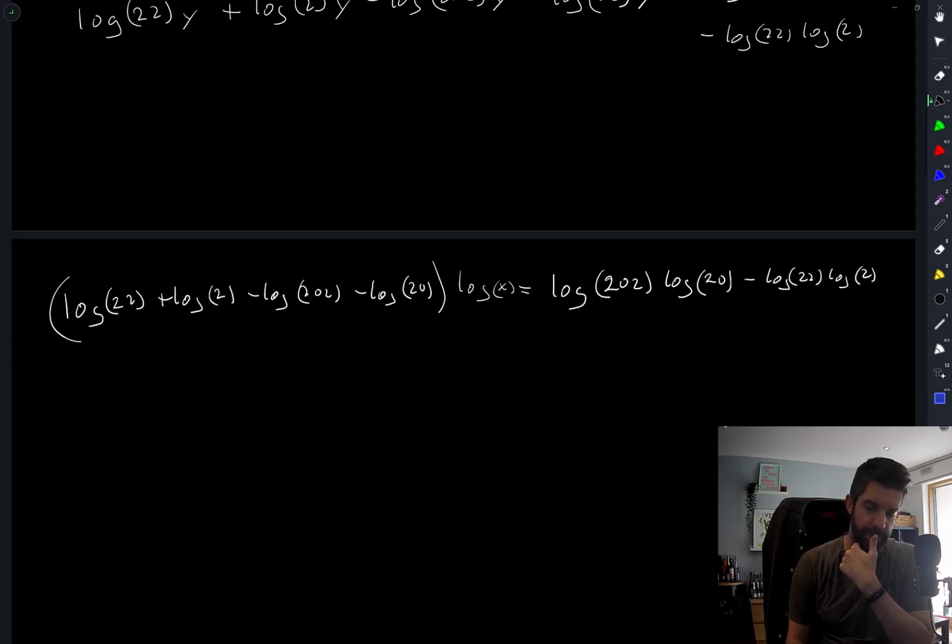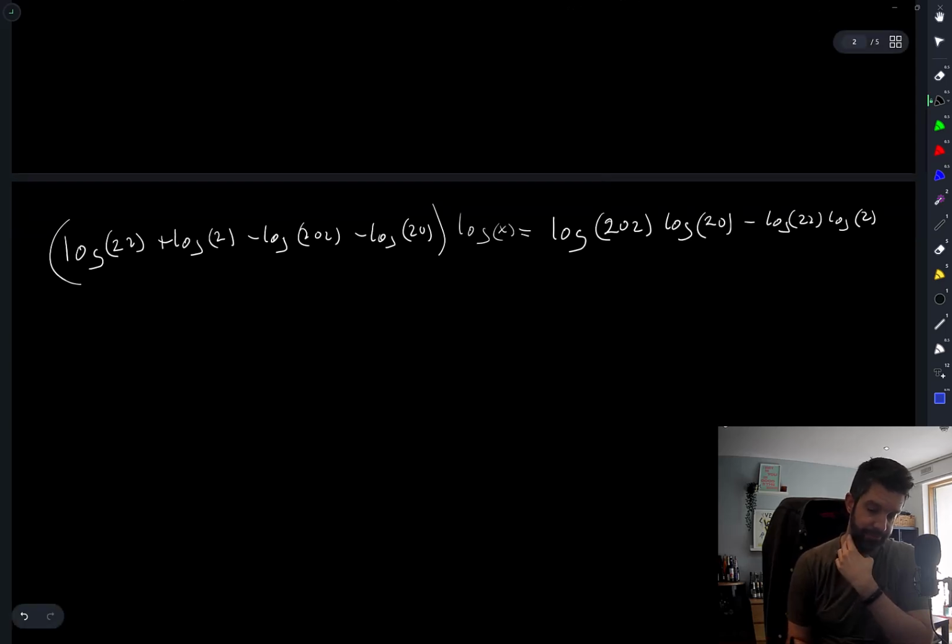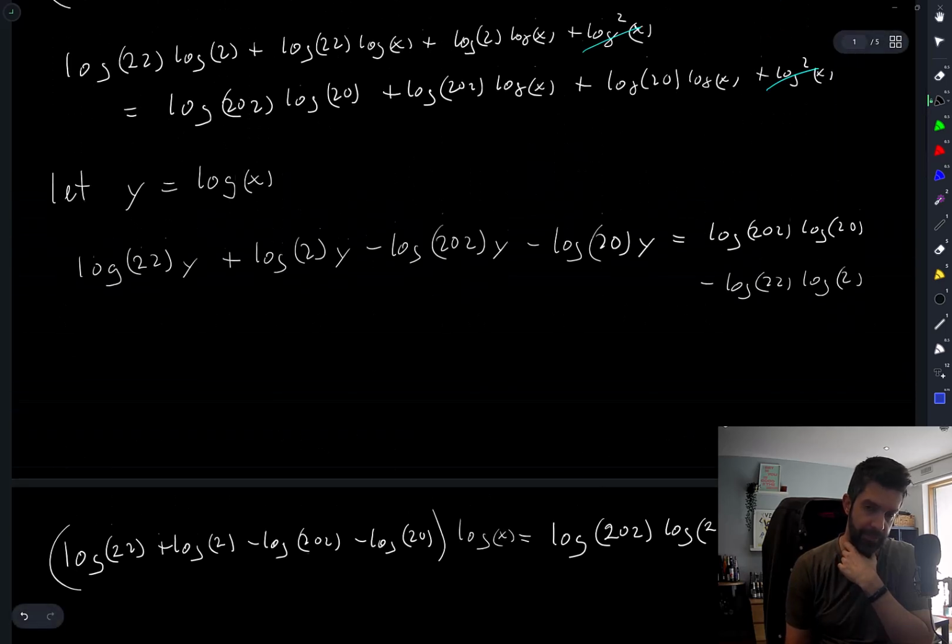Yeah, I don't want log x, although we have it now. It's pretty messy, but we have it.